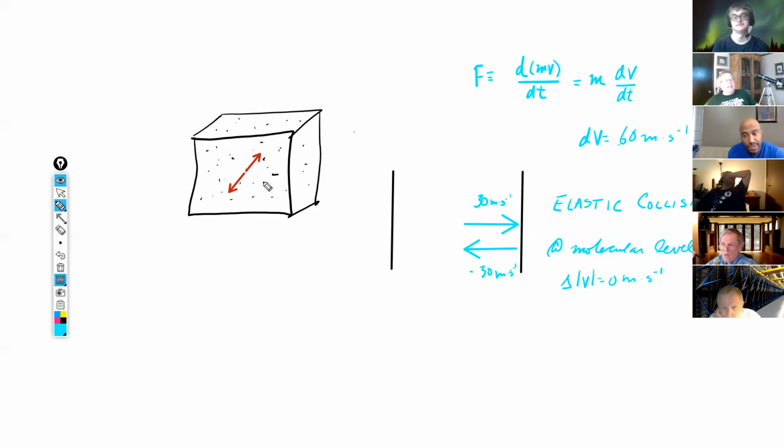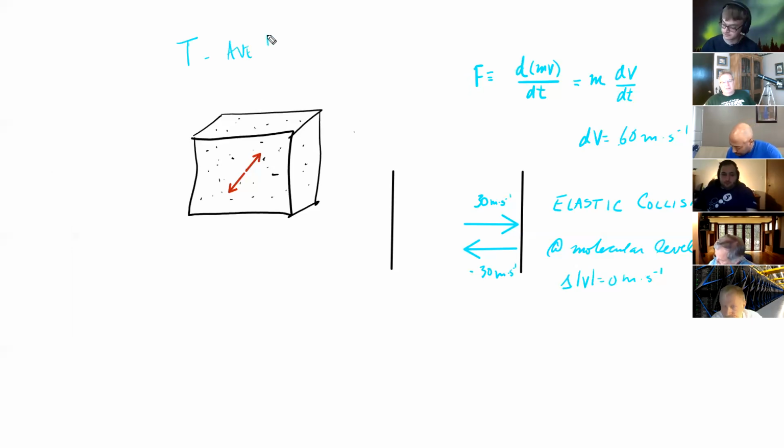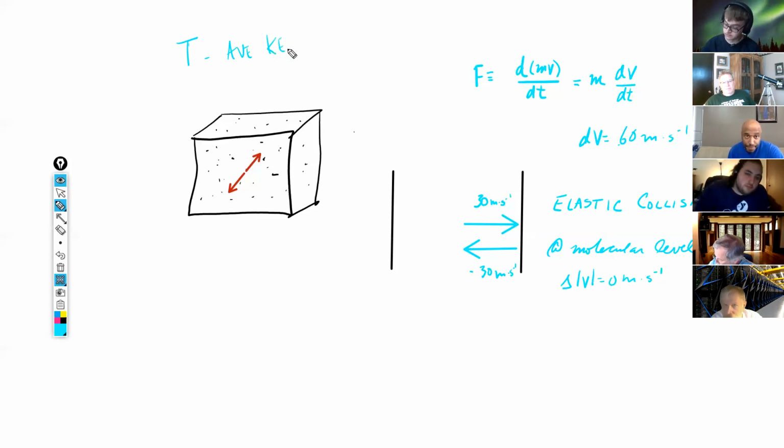But do you understand that getting warmer because of friction is because you have a loss of kinetic energy going into thermal energy? But at the molecular level, the thermal energy, the temperature, is the average kinetic energy, which is 1/2 mv squared.